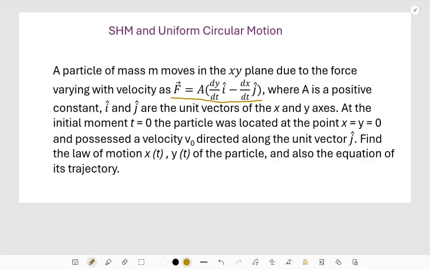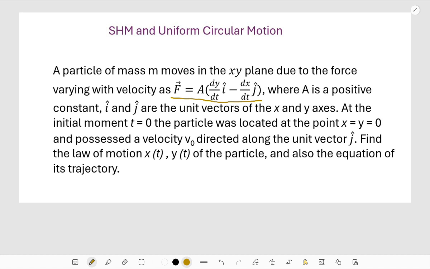So at the initial moment, that is t equals 0, the particle was located at the point x equals y equals 0 and possessed the velocity v0 directed along the unit vector j. That means this velocity is along the y-axis. Find the law of motion x(t), y(t) of the particle and also the equation of its trajectory.